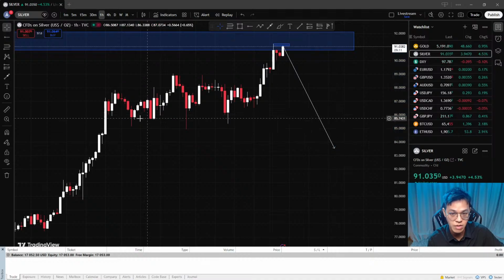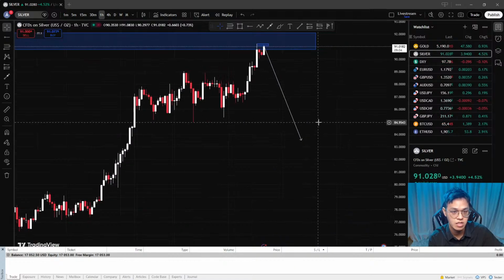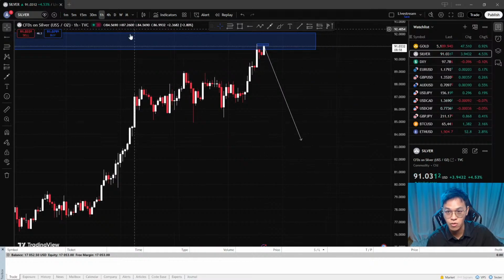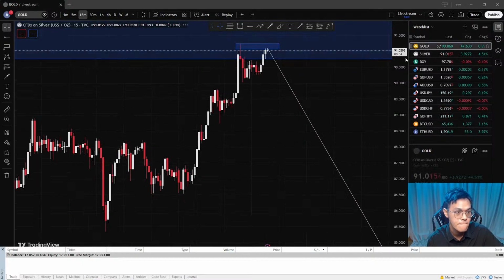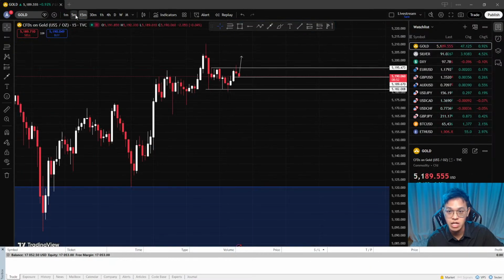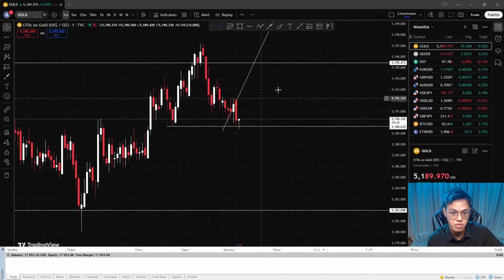But if the price really breaks this support level, then the trend has changed and will start to change to a downtrend. So let me see. You guys can see the gold is still dropping.